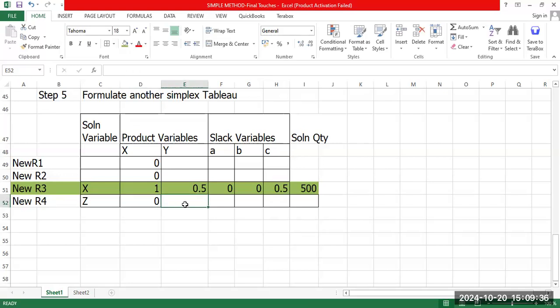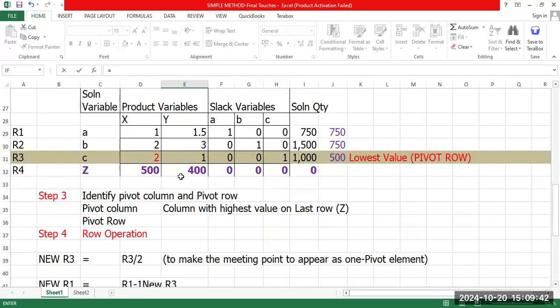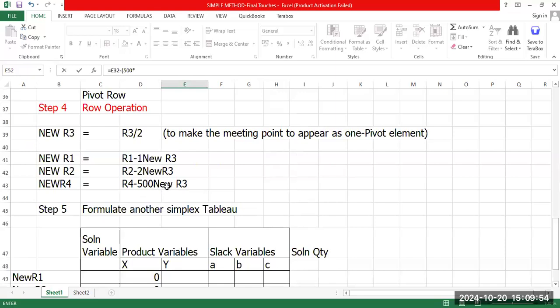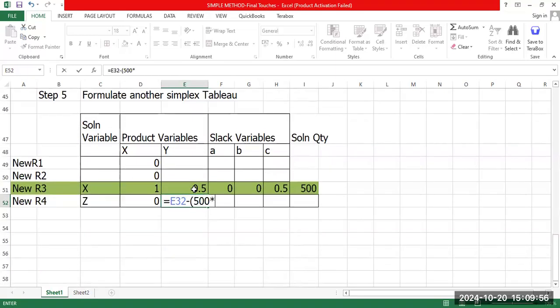You do the same here. The row here, this is the y. The original value of y was 400 minus, open bracket, 500 times, the formula is saying you multiply by new row 3. What is new row 3 here? At this point, when you're standing here, what is your new row 3? It is 0.5, close bracket.